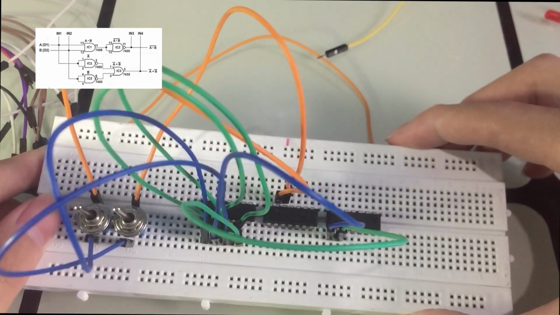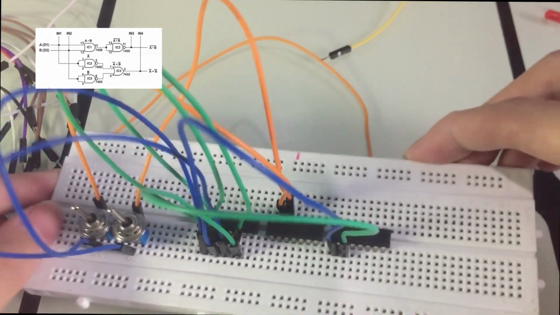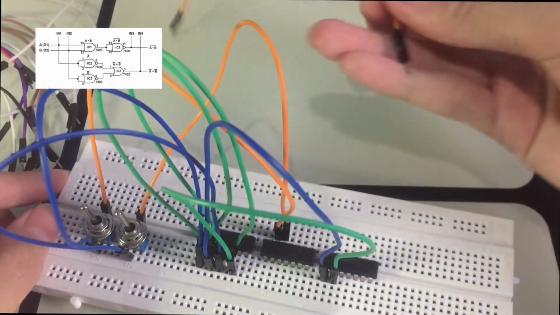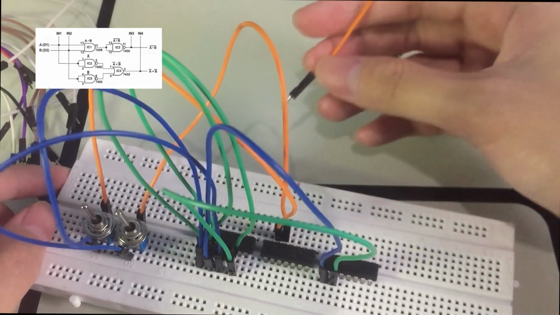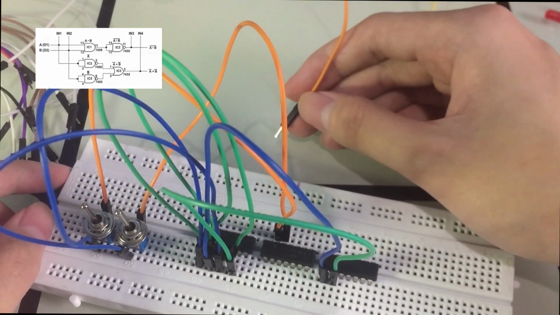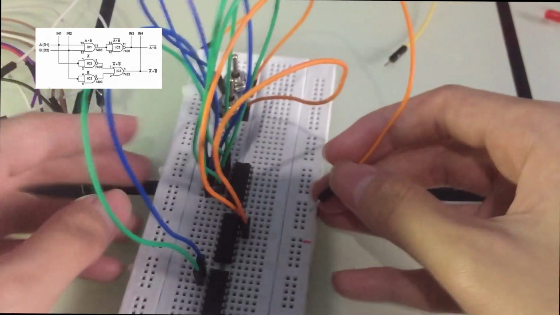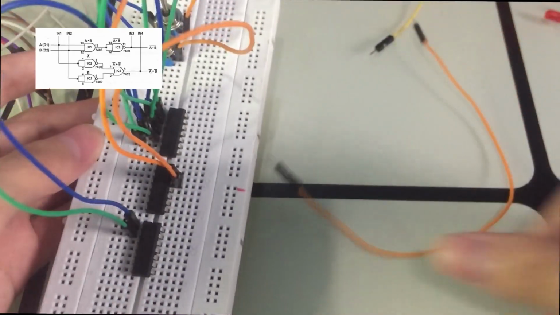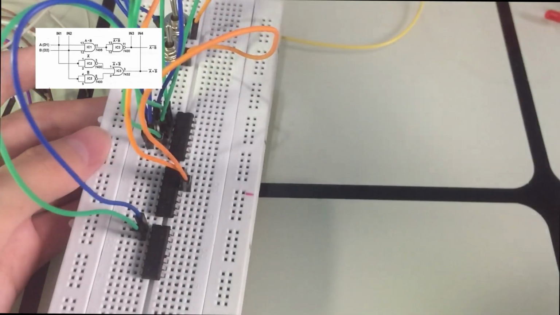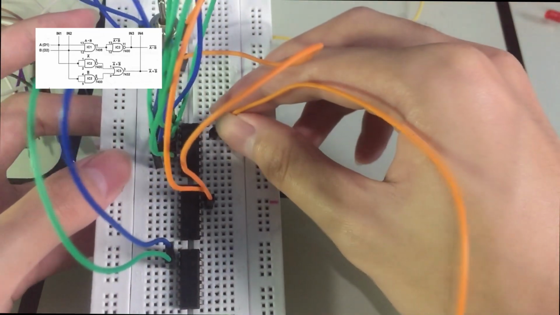For our next step, pin number 11 of our AND gate is connected to pin number 13 and 12 of our NAND gate. So first, we will connect pin number 13 and 12 of our NAND gate.